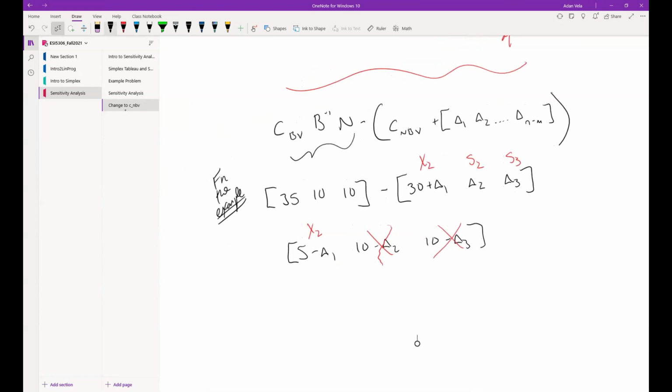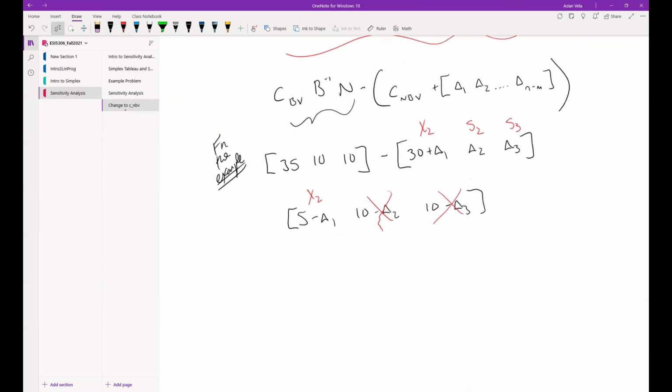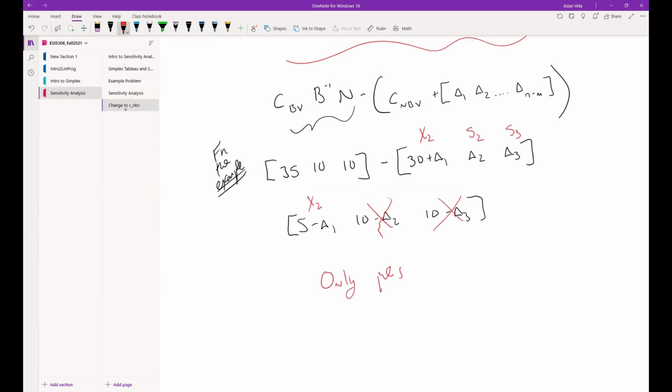Only perform sensitivity analysis on the primary decision variables, the original decision variables.